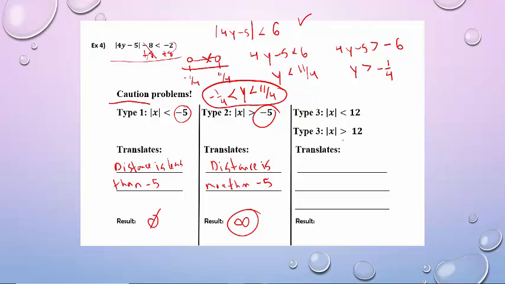For a problem like this, however, this just means distance less than 12. The bottom one means distance more than 12.